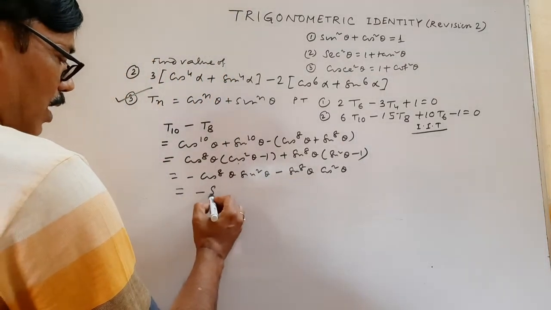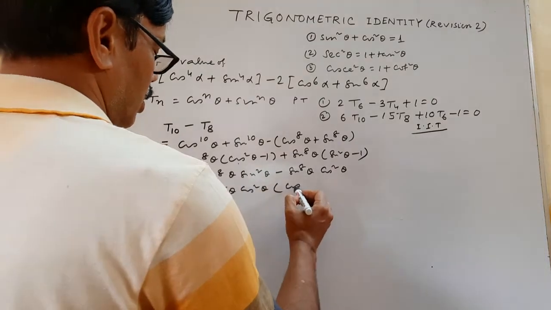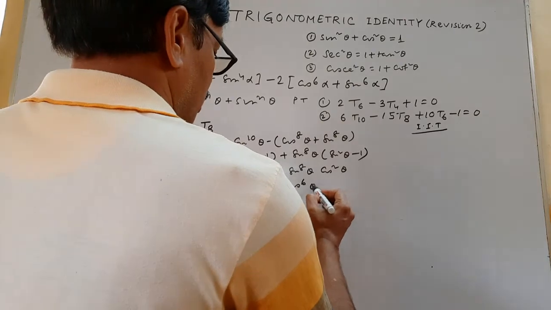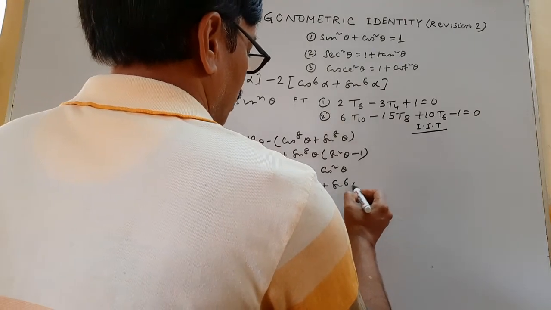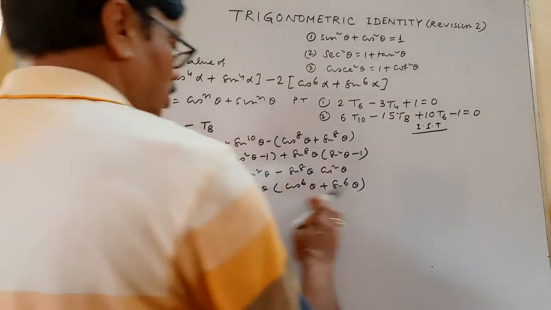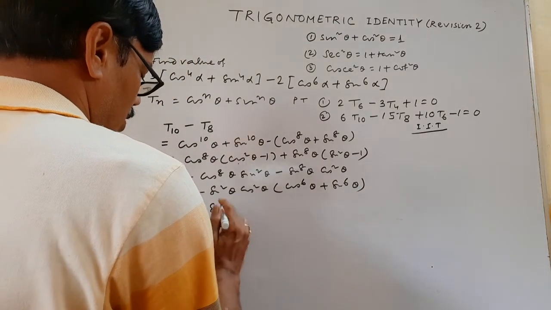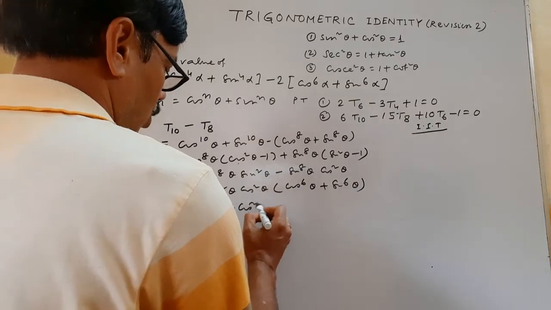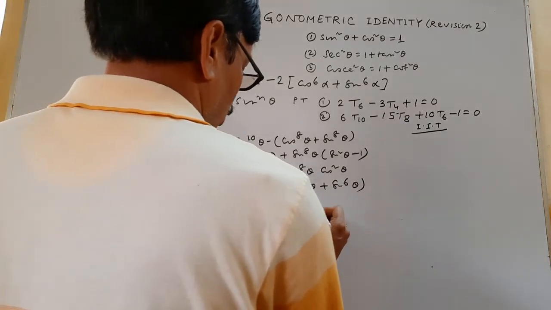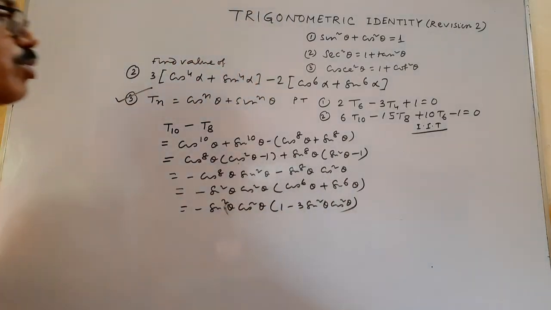So taking minus sine square theta cos square theta common, this is cos to the power 6 theta, sine to the power 6 theta. Now it is a well known value: sine square theta cos square theta, 1 minus 3 sine square theta cos square theta.